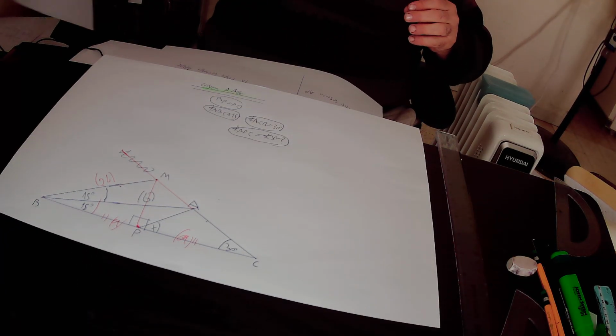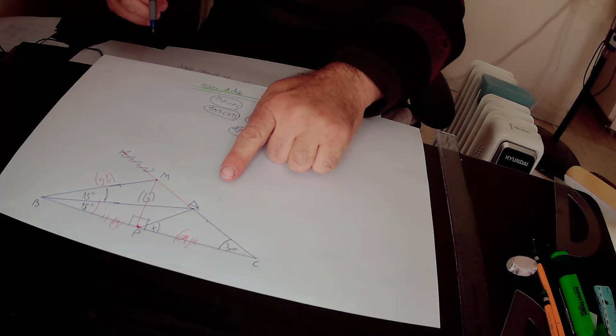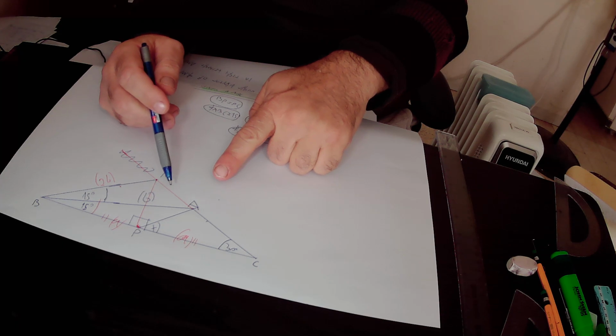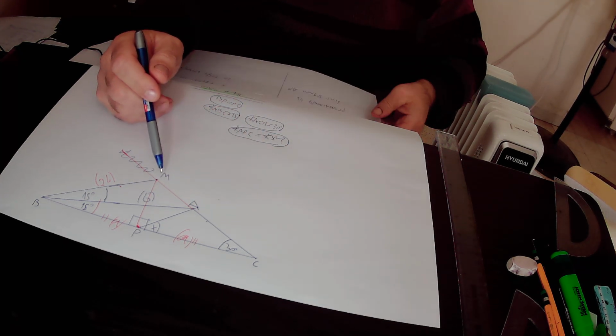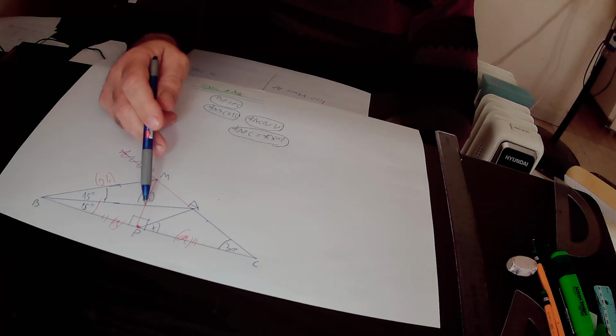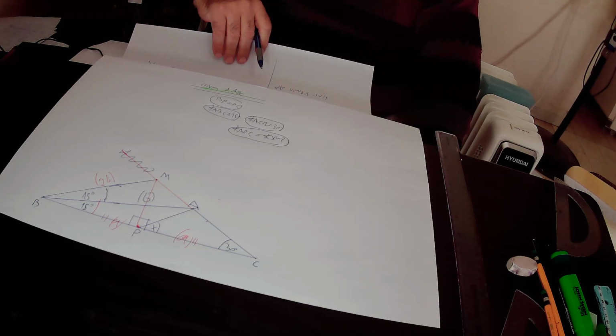So, according to rule 21, angle bisector AP bisects angle MPC. That is to say, it divides angle MPC into two halves. Angle MPC is a right angle.